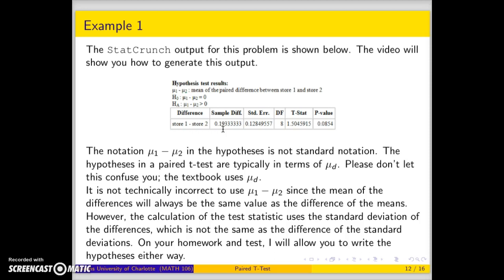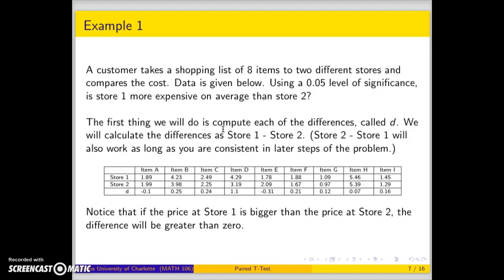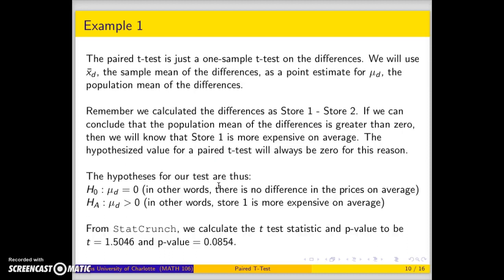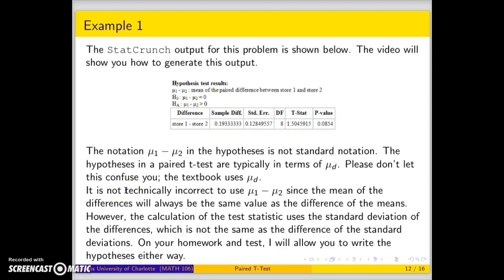So if you found the standard deviation of store 1 and store 2, you couldn't just subtract them. So I like to keep it simple, and I'm always using mu d, but if you use it either way on your homework, you won't get points off if you use it correctly.